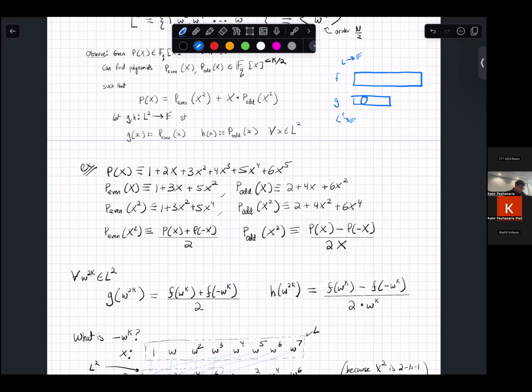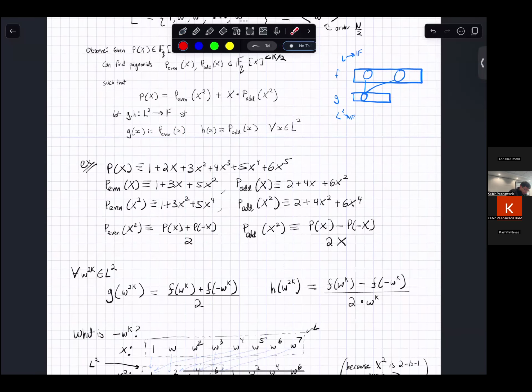It would be nice if there was a formula that allowed you to compute G using only a couple of queries to F, and you don't actually need to know what the underlying polynomial to F is in order to compute a specific point of G. It's nice if I can compute an evaluation of G without having to know what exactly P even really is. And it's sort of this magic formula that I put down here, which tells you how that's possible.